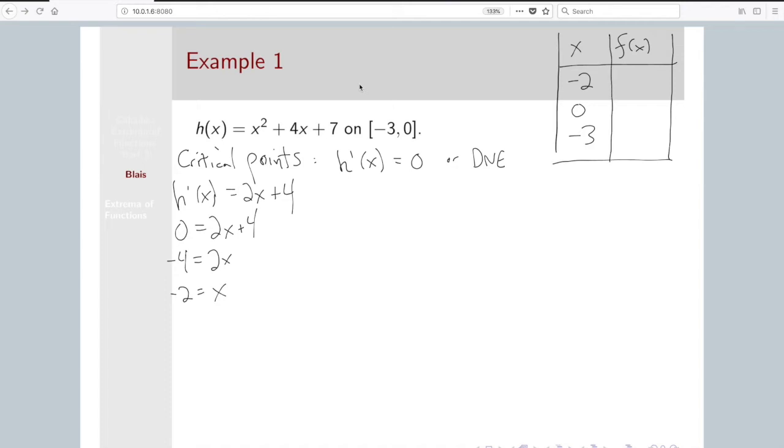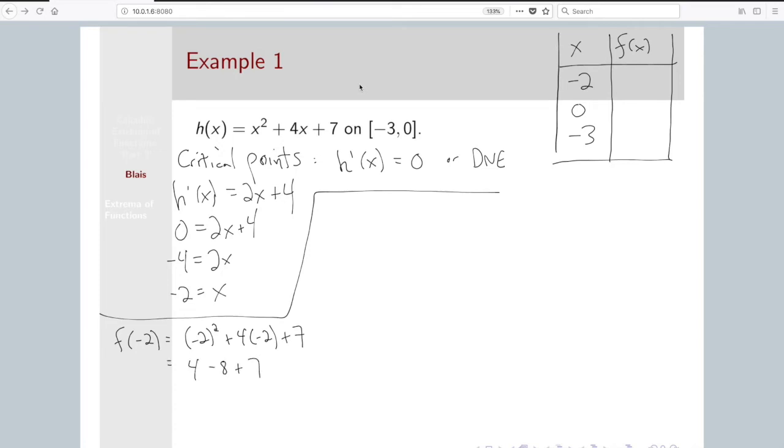And so plug in. f of minus 2 is minus 2 squared plus 4 times minus 2 plus 7, which is 4 minus 8 plus 7, or 4 minus 1, or 3. So there's our y value. f of 0, that one's quick, plug in x equals 0, and we get 7.